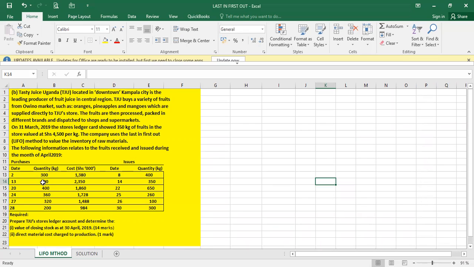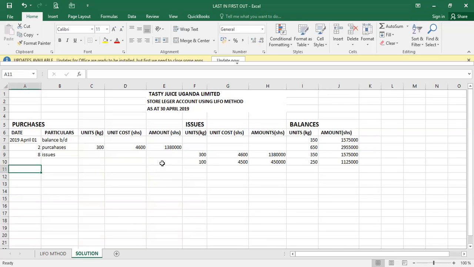The next purchase happened on 13th, and we bought 500 units at 2,350,000. Let me put it here, 2,350,000, before we forget it. These were purchases, bought on 13th.